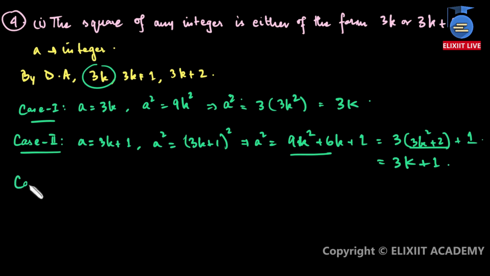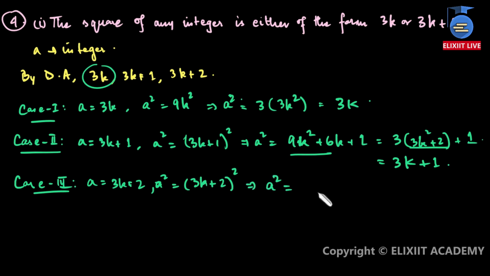And lastly, we have case 3. Case 3 states if a is equal to 3k plus 2, same logic, a square is 3k plus 2 whole square. If you break this into whole square format, we have 9k square plus 12k plus 4.